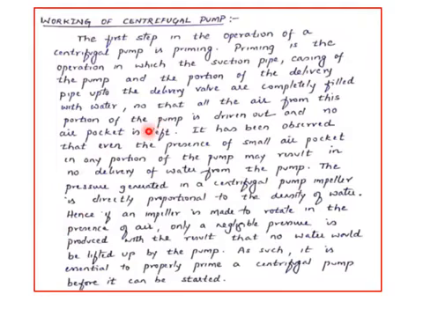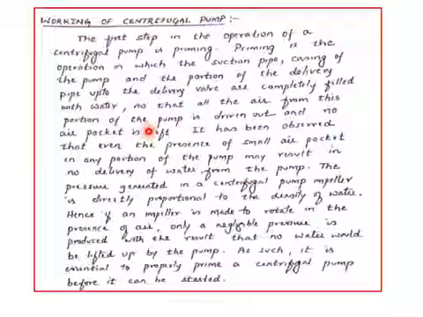So what is the working principle of a centrifugal pump? The first step in the operation of a centrifugal pump is priming. What is priming? Priming is the operation in which the suction pipe, the casing of the pump, and the portion of the delivery pipe up to the delivery valve are completely filled with water, so that there will be no air pockets left in any portion of the pump.